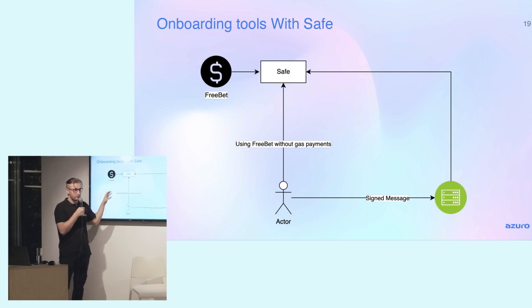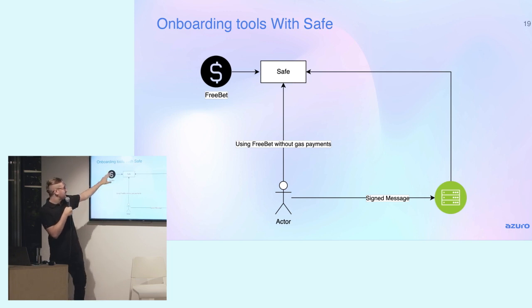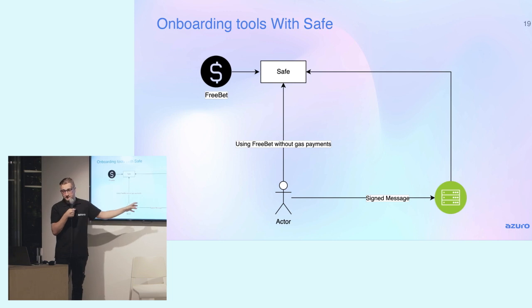But if we do it for a new user, he will not be able to use it instantly because he doesn't have xDAI to pay for gas, to process this transaction and redeem this free bet. But if you put this free bet into the Safe and give ownership of the Safe to the user, he will be able to just sign a message, provide this message to us, and we will process the transaction, and he will start betting instantly without any additional interactions.